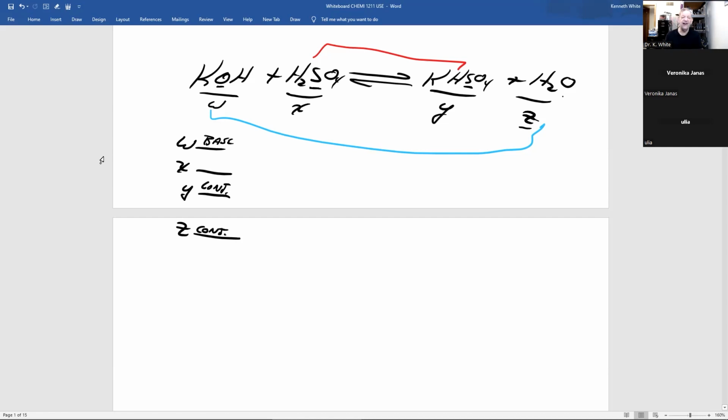Now, if we look at X, H2SO4, it goes to Y. It had 2 hydrogens. Now it only has 1. Does it gain or lose a proton? Think a hydrogen. And the answer is it loses or donates a proton. What's a proton donor? An acid.